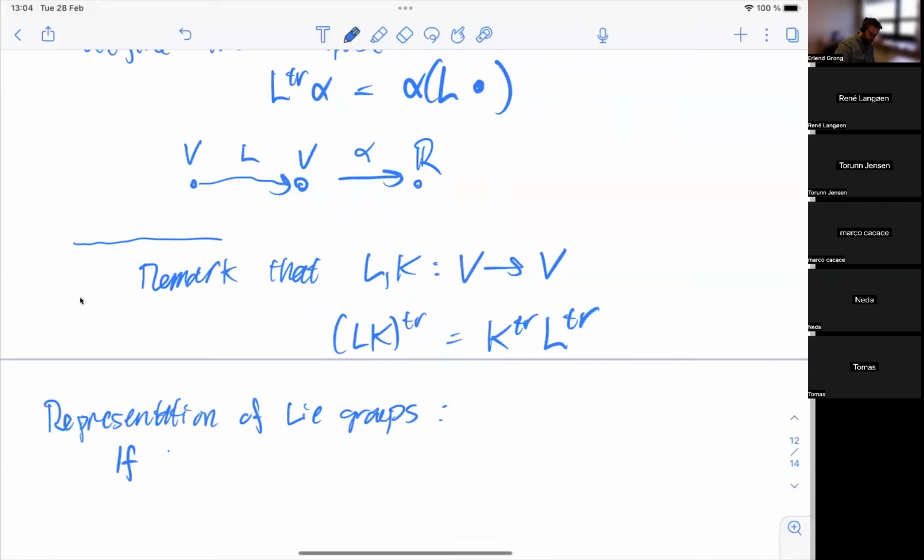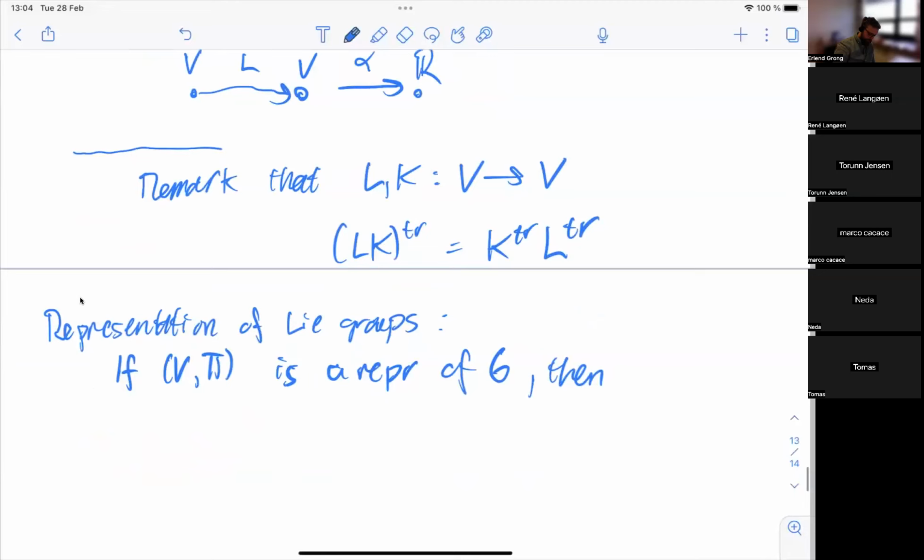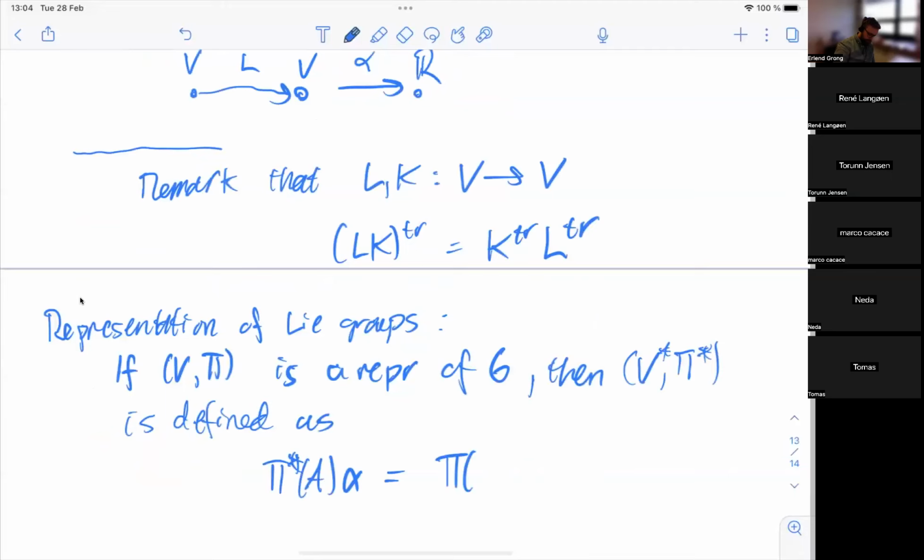If capital Pi on V is a representation of G, then the dual representation Pi star on V star is defined as Pi star of A applied to alpha equal to taking A inverse, and then the transpose.